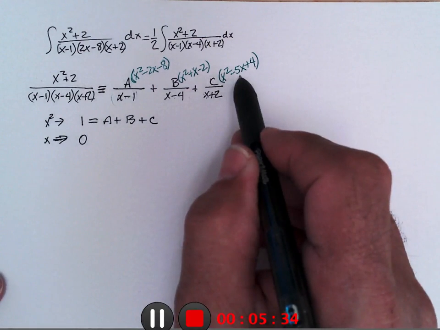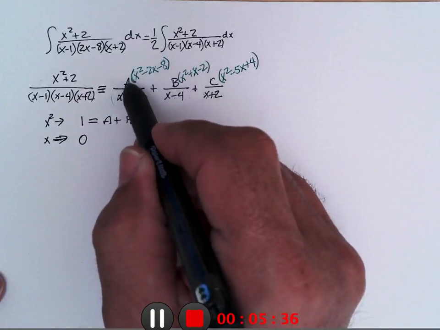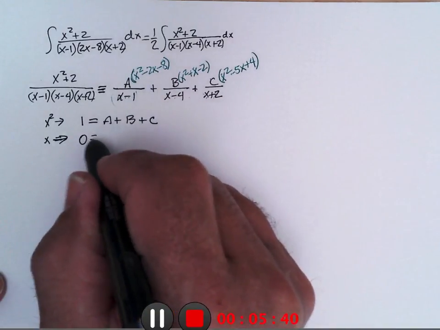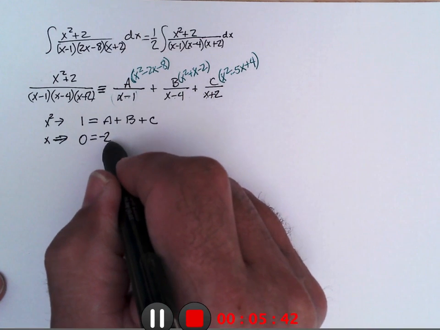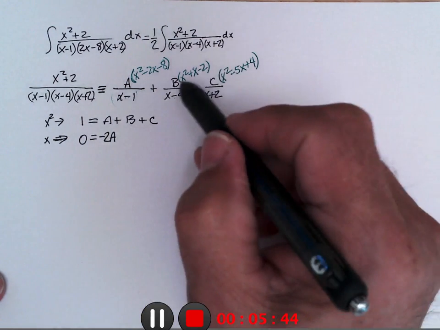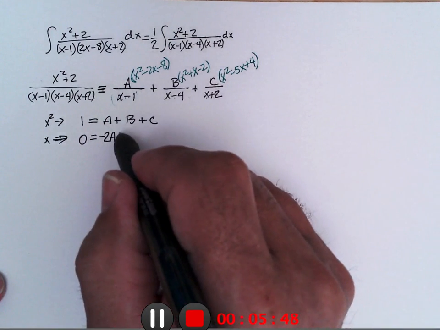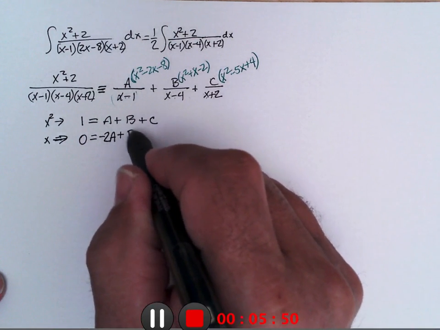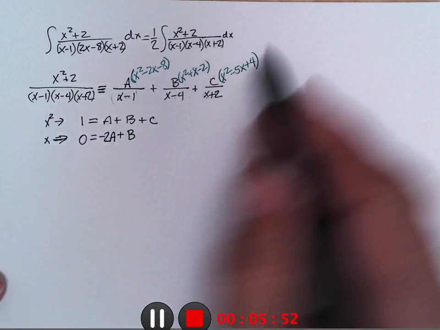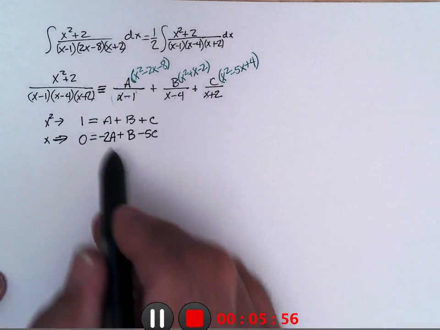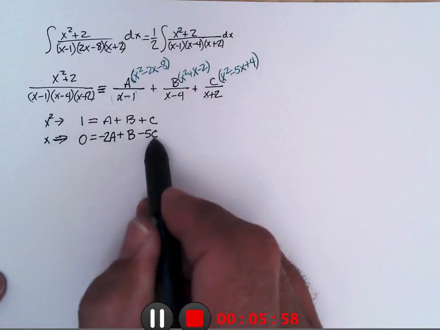So I have a times minus 2x, or minus 2a number of x's, and in here I have plus 1b number of x's, and here I have minus 5c worth of x's. And so those expressions have to add up to 0 because I have to have no x's.